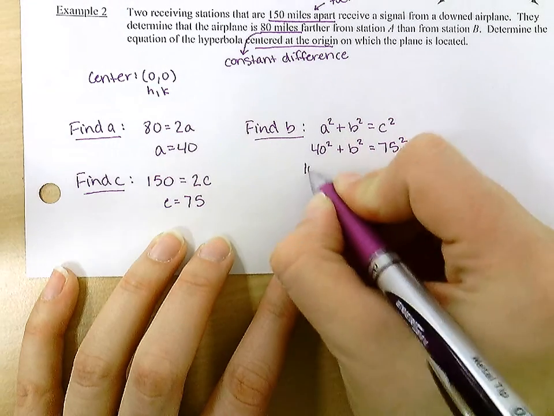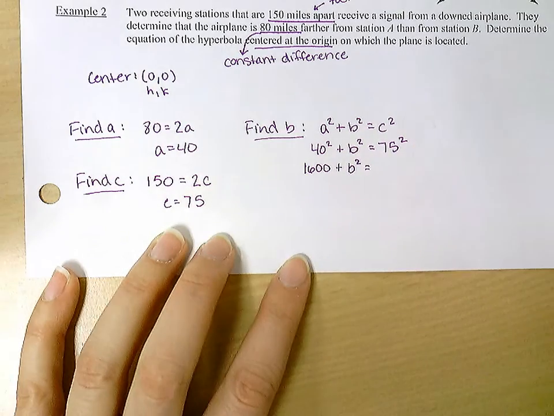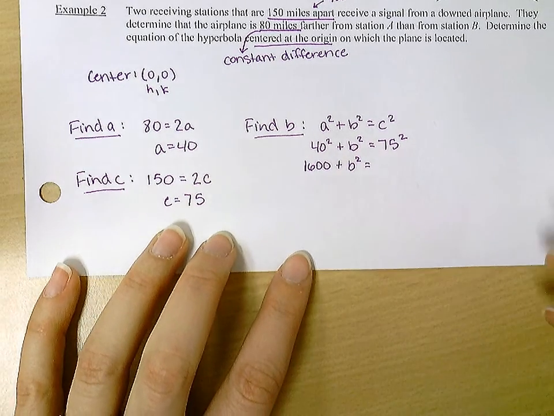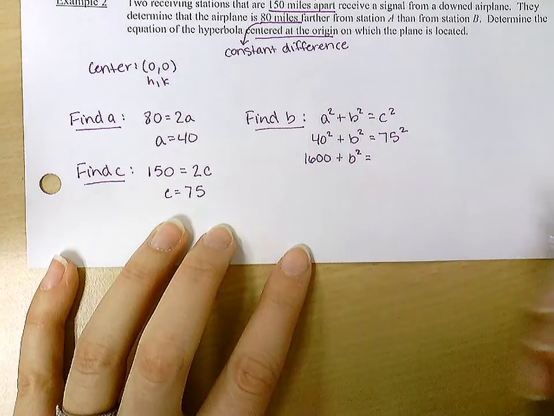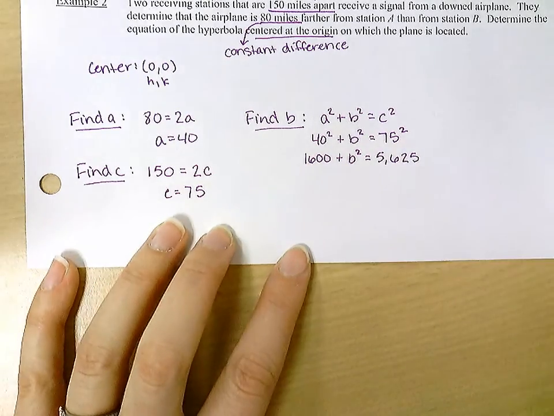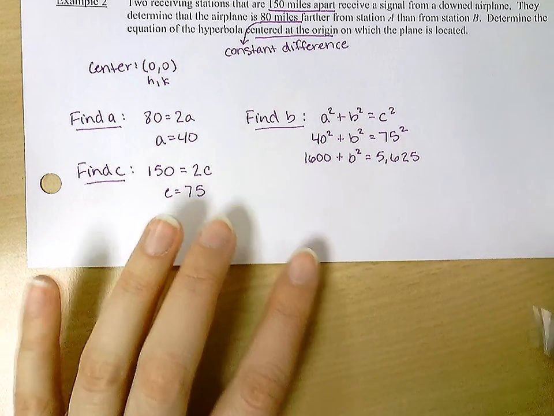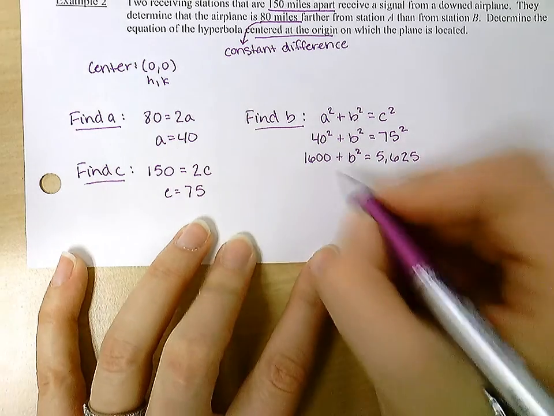So our a value squared is 1600 plus b squared is equal to 5,625. And then to get b by itself, you would subtract here.